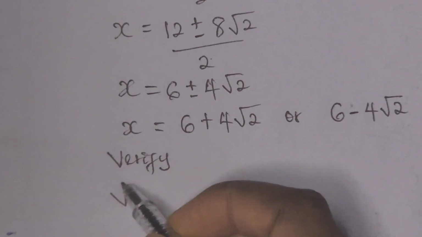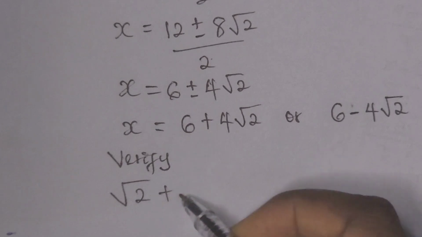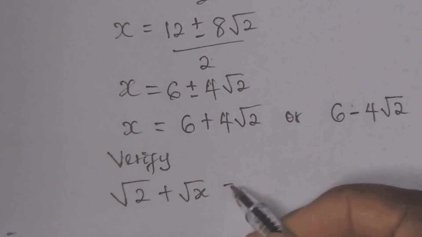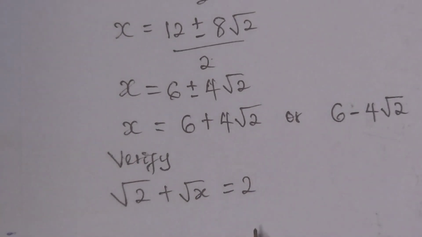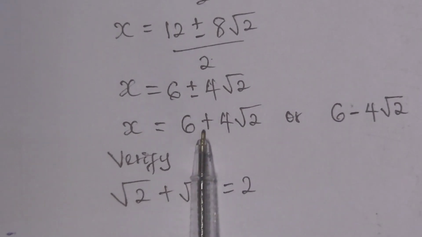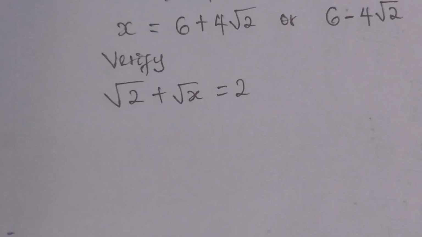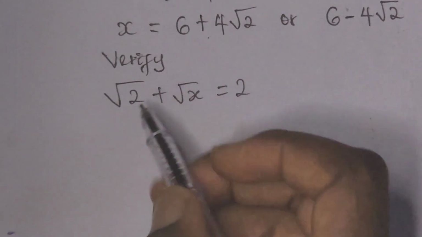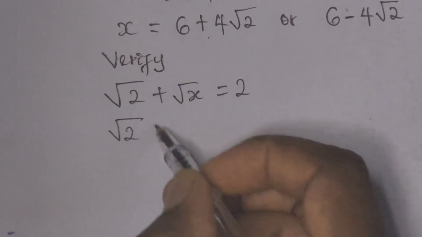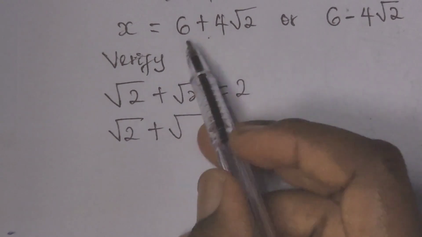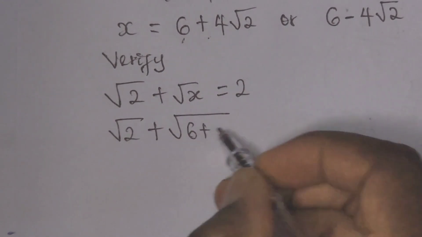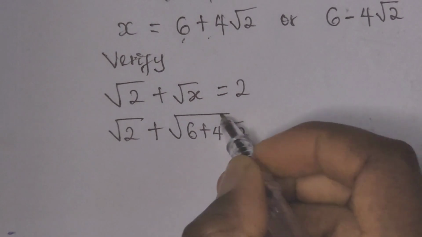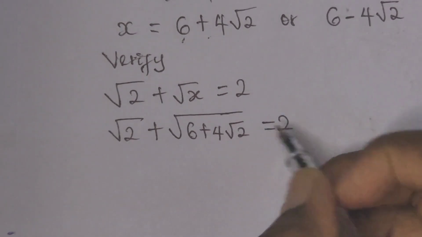So the question is root 2 plus root x all equal to 2. Now let's use the positive value first. So we want to verify with the positive value. We have root 2 plus, our x is 6 plus 4 root 2, all equal to 2.